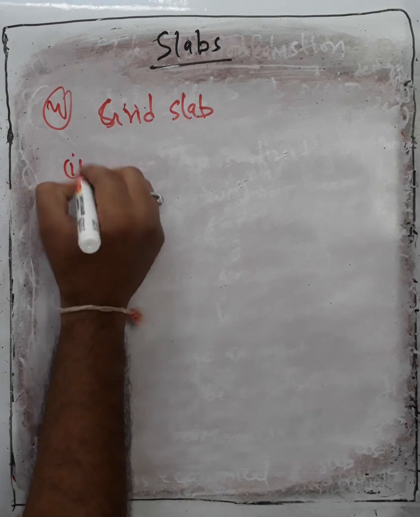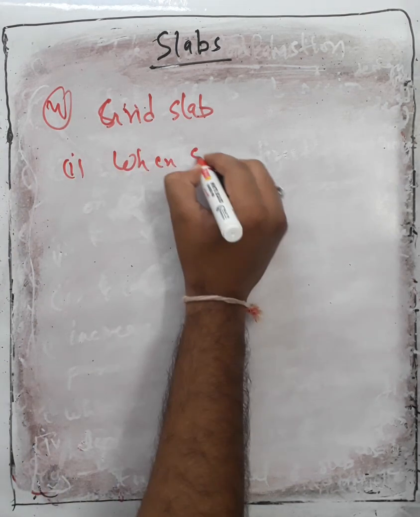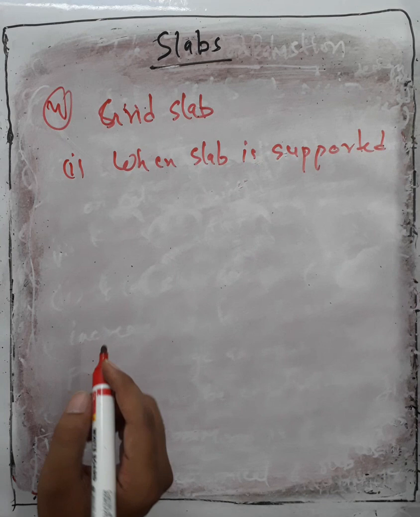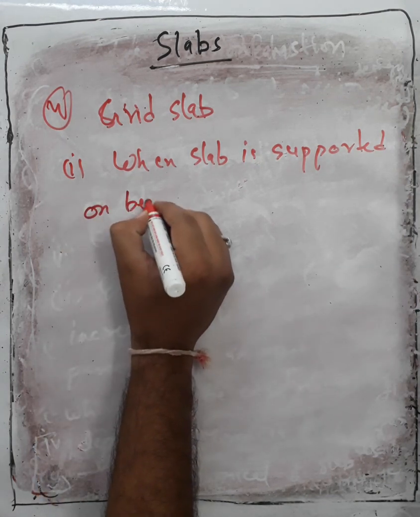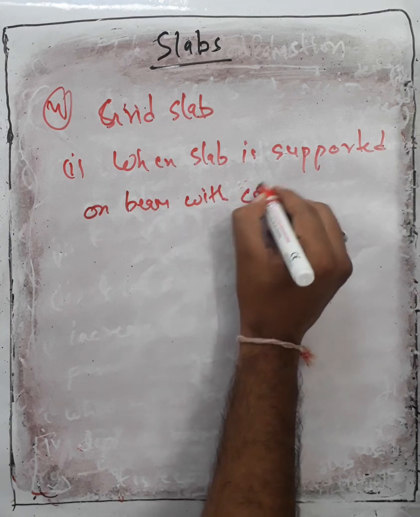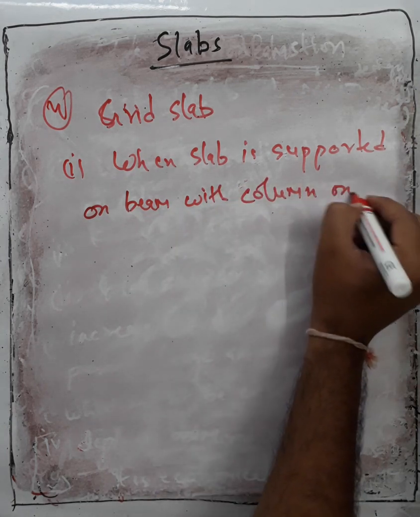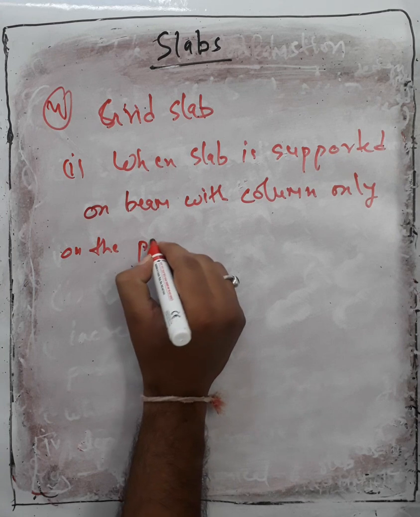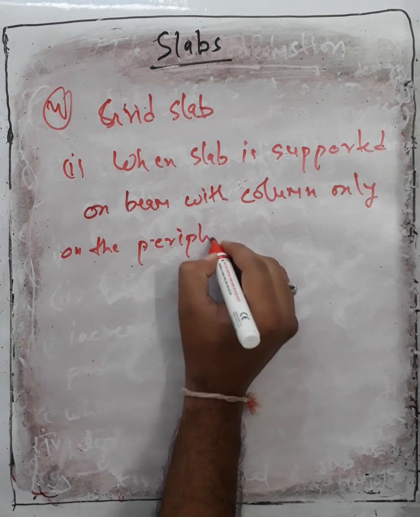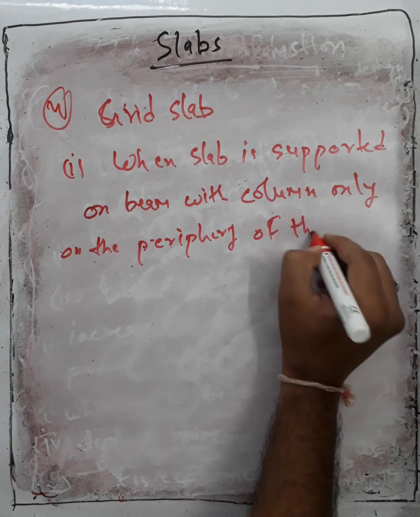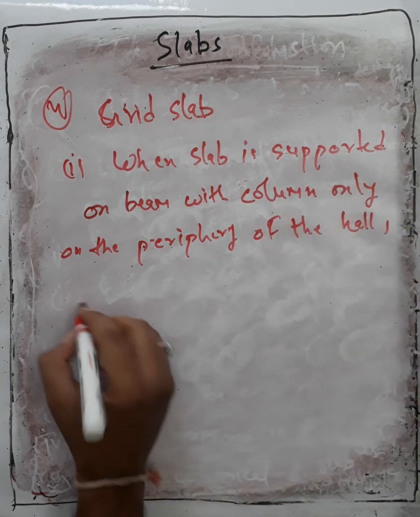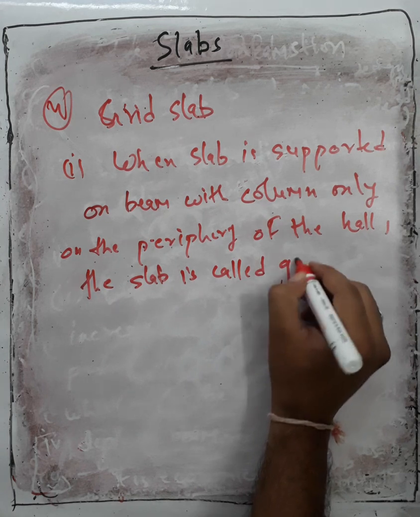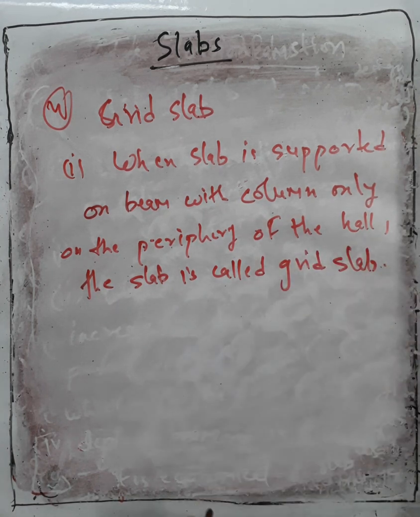In a grid slab, the first point is when the slab is supported on beams with columns only on the periphery of the hall, this slab is called a grid slab.